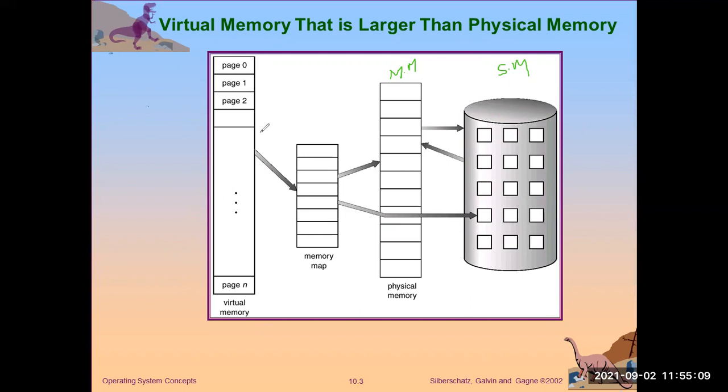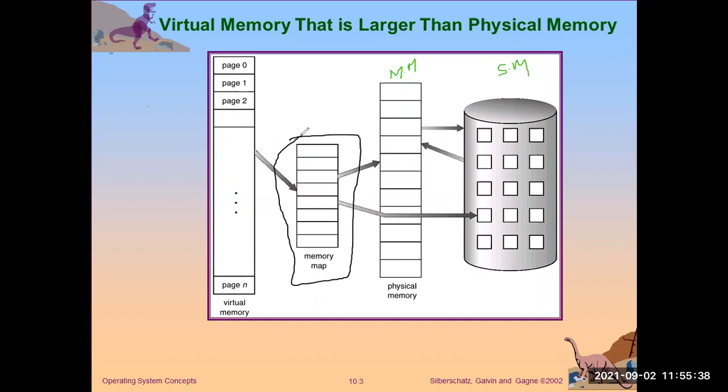And the very important thing is how we can map. Whenever there is a request for any frame, it will be mapped from the virtual memory to the main memory. Here we are using a memory mapping technique, like in the case of paging that we studied.